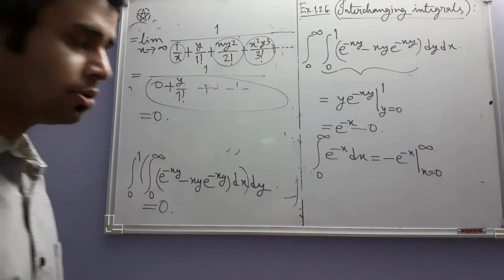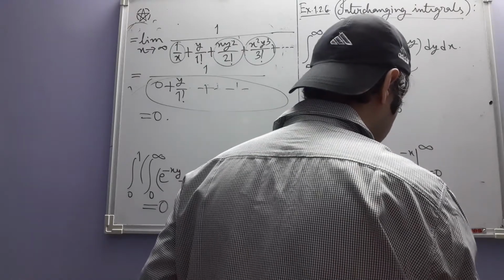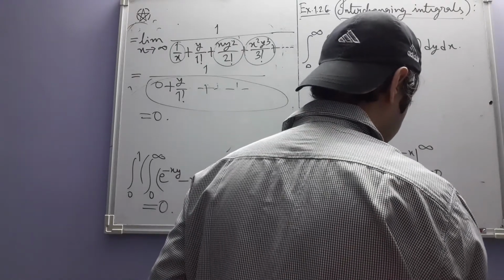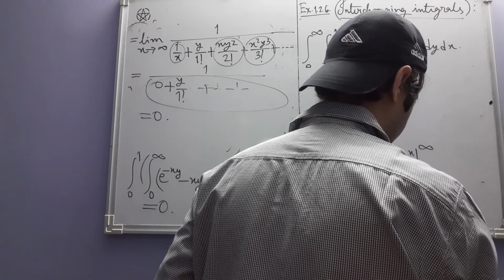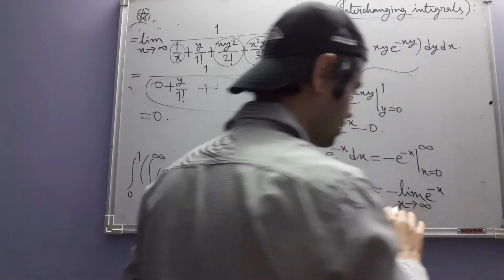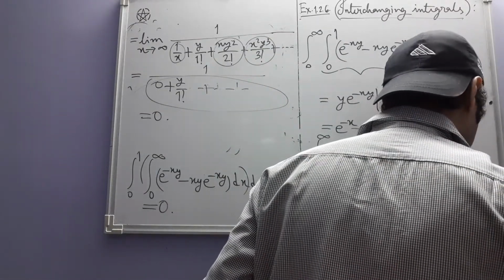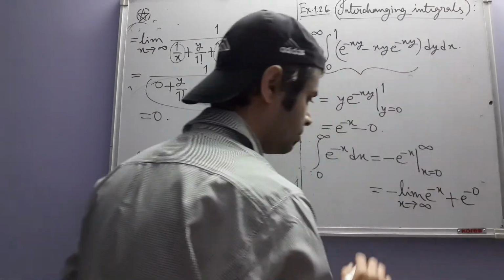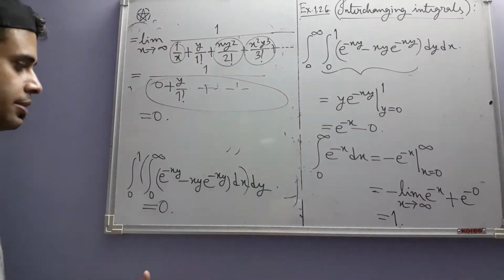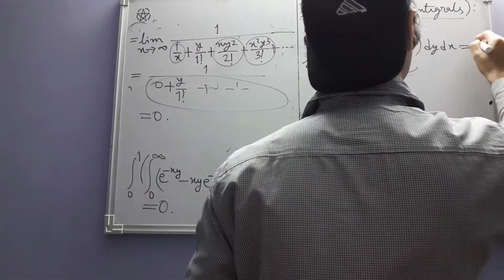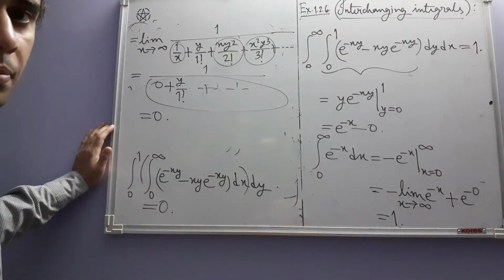That is not true actually. E to the power minus infinity is not 0, but this limit is 0. This limit is 0 plus e to the power minus 0. So this is equal to 1. So we see that this integral is equal to 1. They are not equal. This is 0, this is 1.